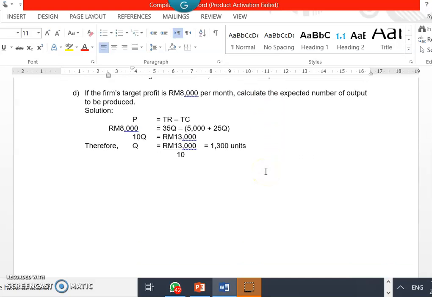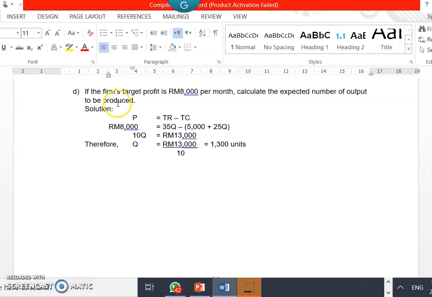Okay, for the fourth question, if the firm's target profit is 8,000 ringgit per month, the profit is 8,000, and we want to know the Q, the output, the number of units we have to produce. Here the same formula, P equals total revenue minus total cost.